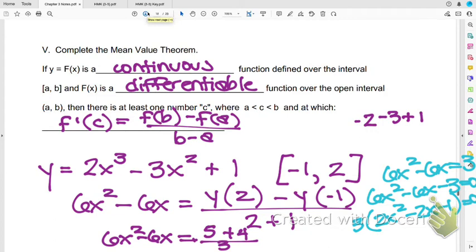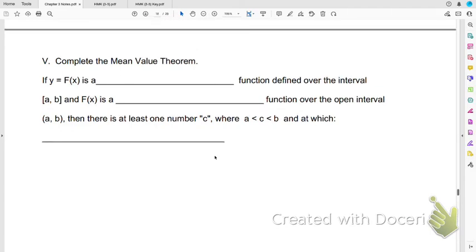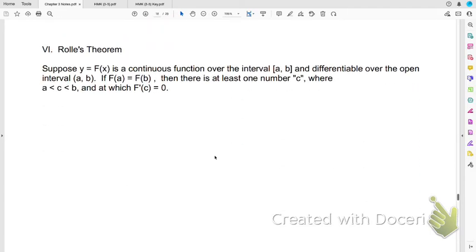Okay? Now, the last thing to finish up with: there is a specific version of the mean value theorem called Rolle's theorem. You do not need to know this by name because you can easily apply the mean value theorem to it, but it's good to have heard it at least once so that you know it's a thing. Rolle's theorem says if your endpoints have equal y values, what's your segment joining them going to look like?